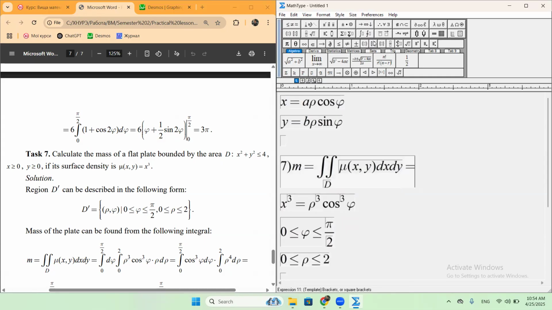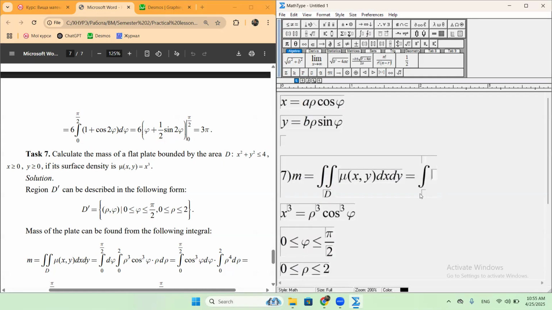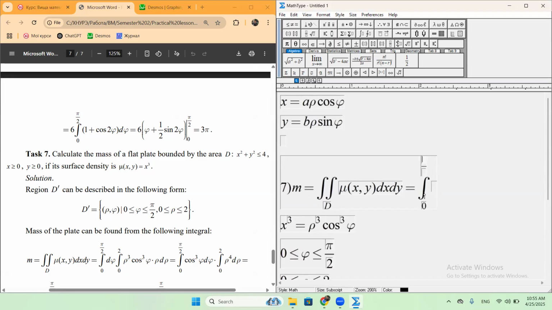So how will the integral look? From phi from 0 to π over 2 d phi, and the inner integral is from 0 to 2 of rho cube by cosine cube of phi, also multiplied by rho d rho.